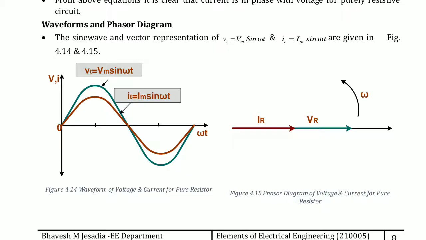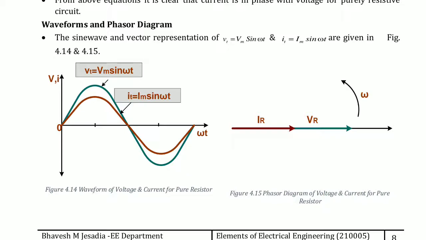The magnitude is somewhat less, so the maximum value is less. But it starts at the same point and ends at the same point as the voltage.